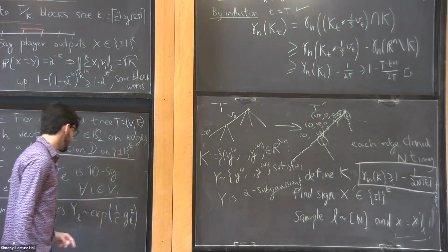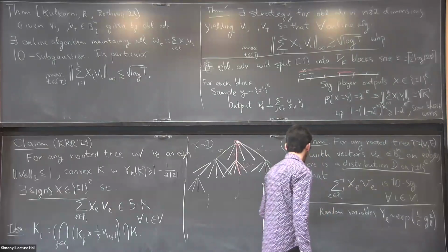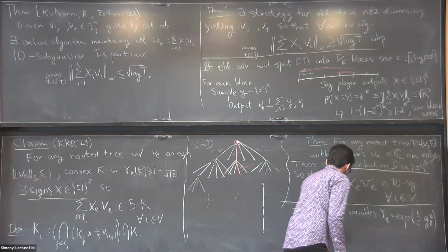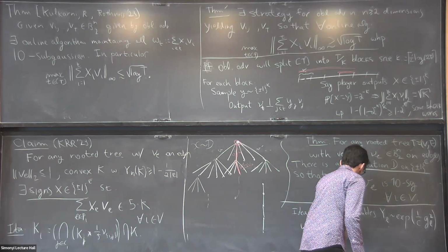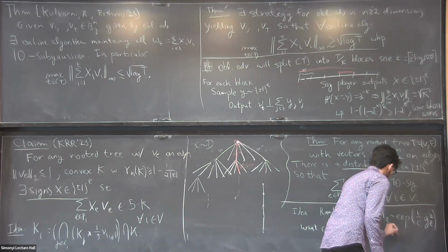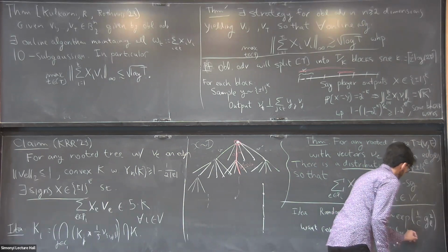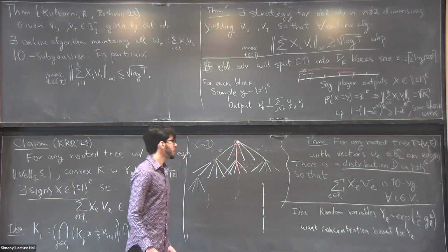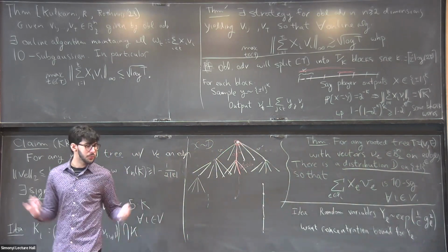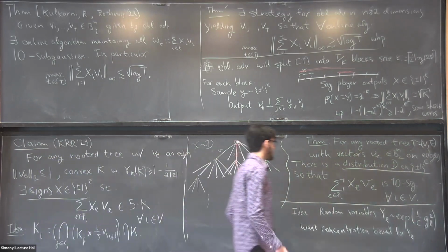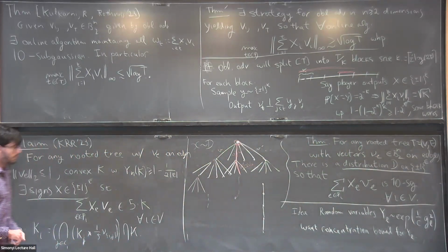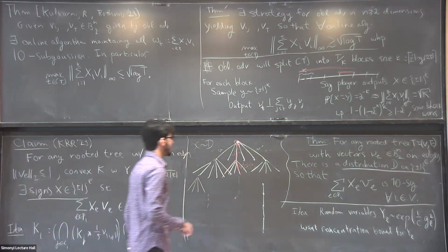So G is a Gaussian, and I sample something like this, and I want some concentration bound. And the problem is that these variables are heavy tailed, so I can't just apply Chernoff bound. What we end up doing is we consider some finite moments, and we use some analytic inequalities for this. So I don't have too much time to get into the details.